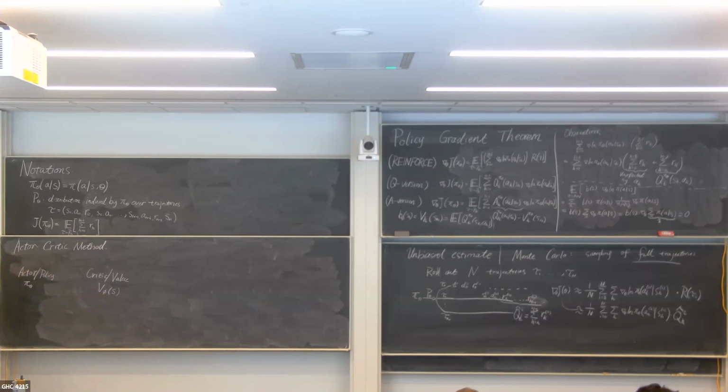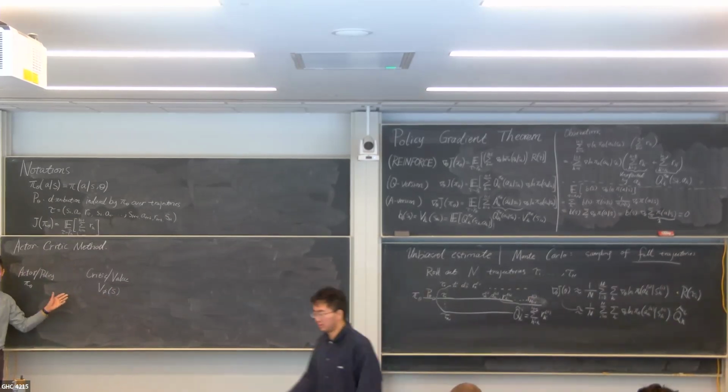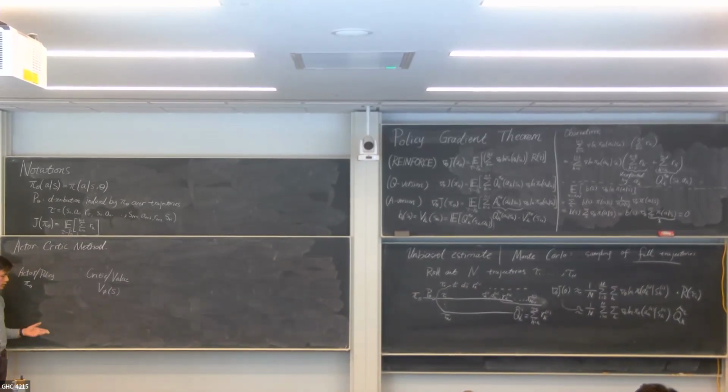So it depends on the context. For different problems, there are different ways to orchestrate how you design the underlying functions. For pretty complex problems, oftentimes these are two neural networks. The policy is some neural network that takes state as input and spits out probability over actions.